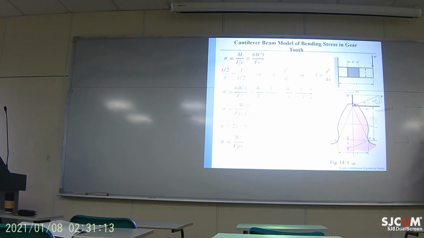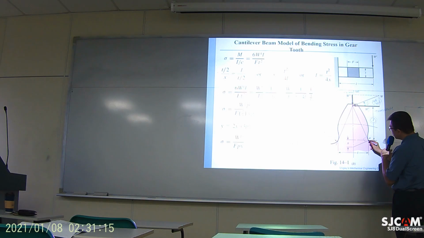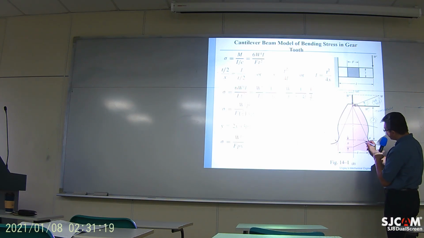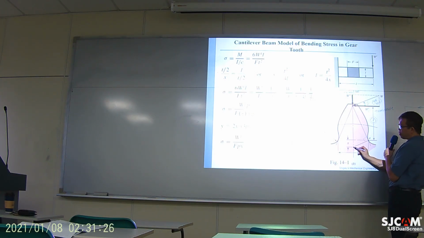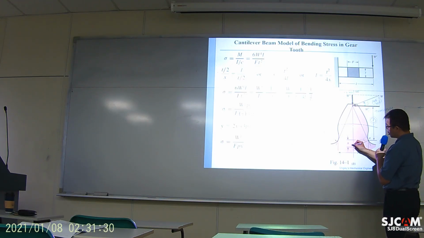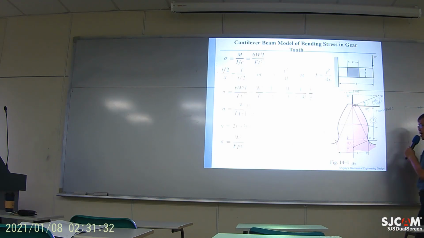Okay? Later on, we will make a perpendicular line to here. So the height from this point A to this particular intersection point, right here, is defined as x. This x is going to be utilized for later derivation.